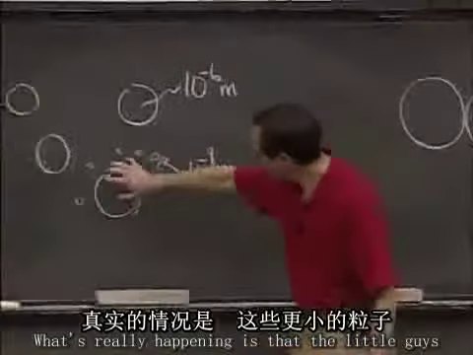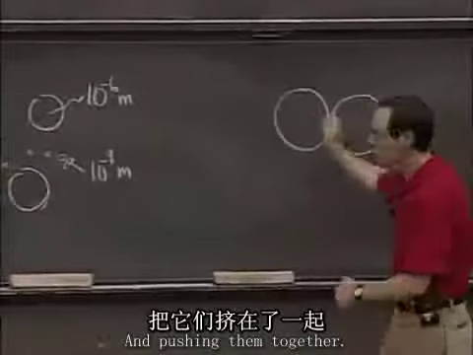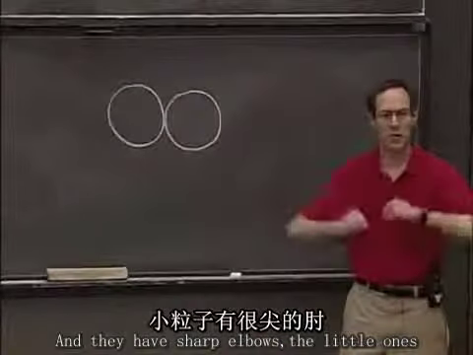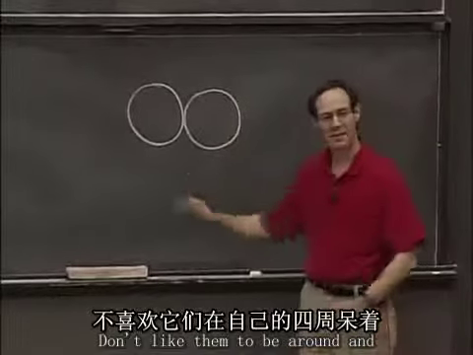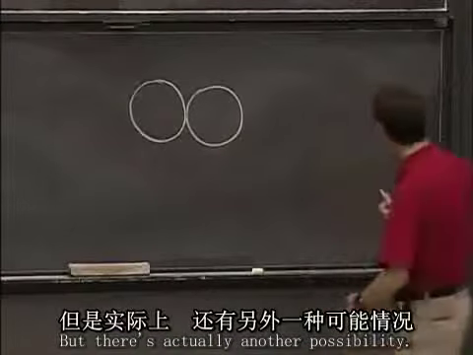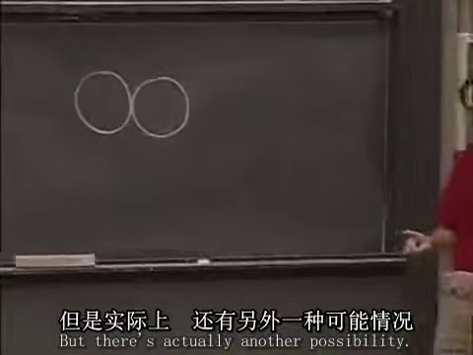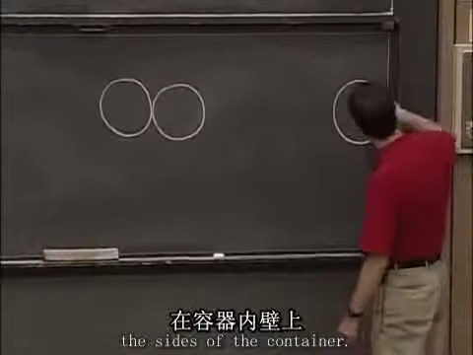What's really happening is that the little guys are shoving them around and pushing them together. And they have sharp elbows, the little ones, and they don't like them to be around, and they're pushing them together. But there's actually another possibility, which is that they also will stick to the sides of the container.